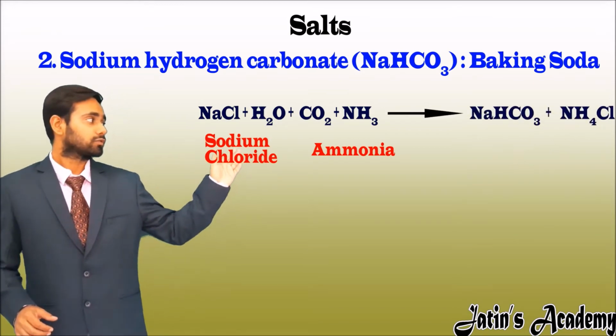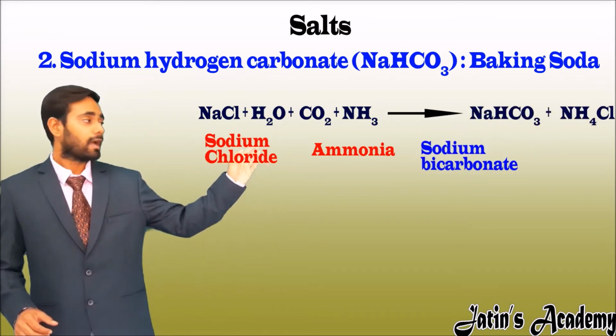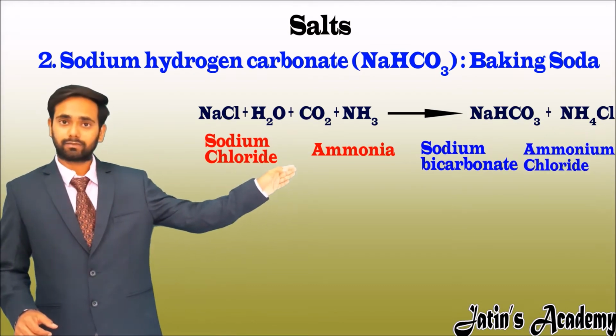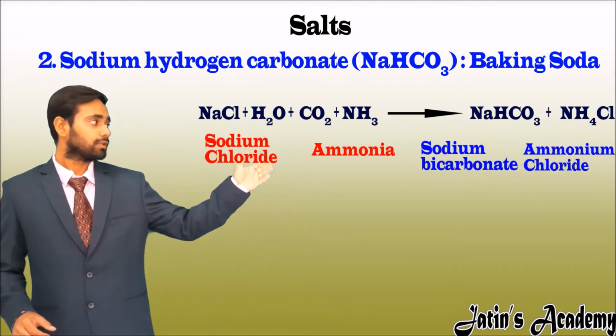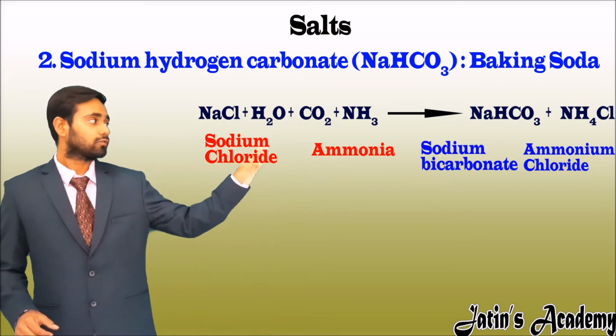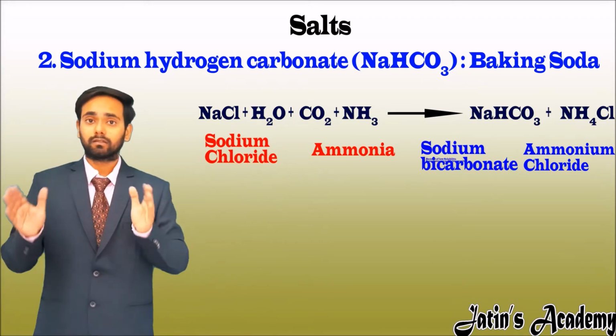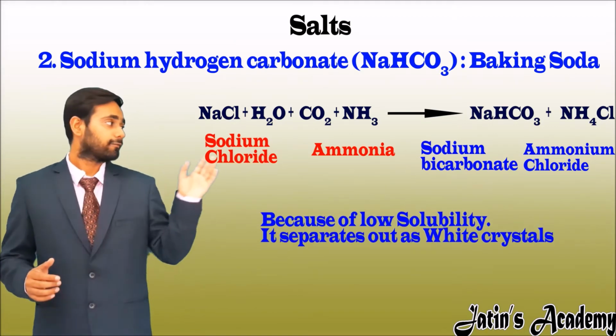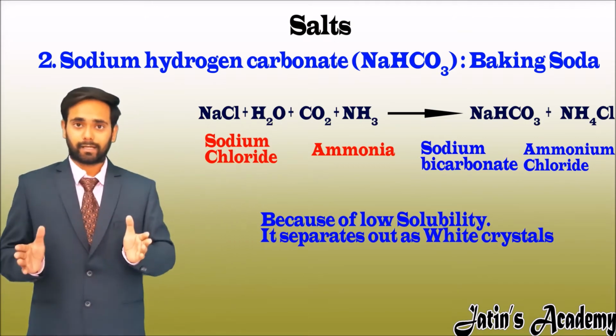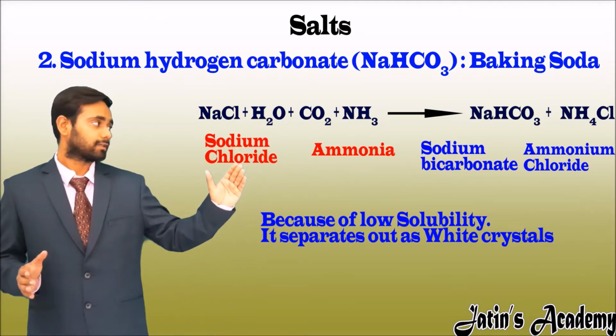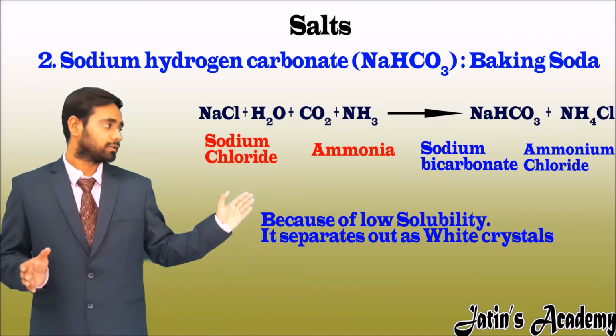We get sodium hydrogen carbonate and ammonium chloride, NH4Cl. This sodium hydrogen carbonate, also called baking soda, forms white crystals that are insoluble in the reaction. We separate these white crystals and we get sodium hydrogen carbonate.